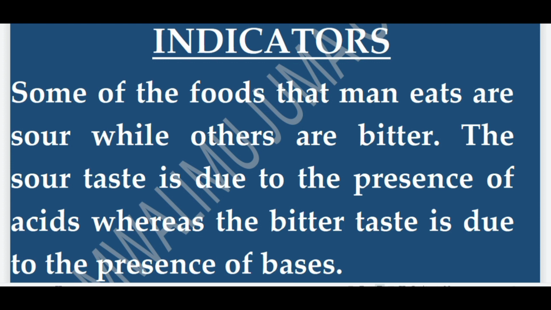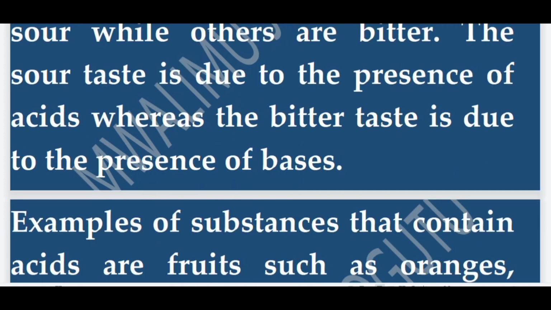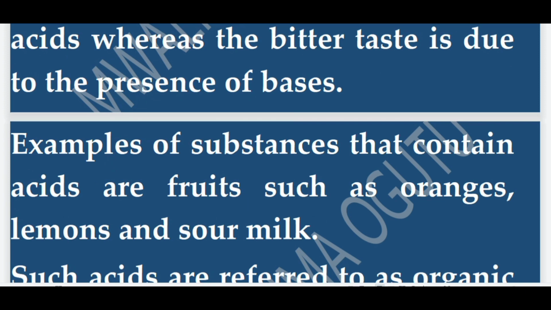The sour taste is due to acids, while the bitter is due to bases. Examples of substances that contain acids are fruits such as oranges, lemons, and sour milk.